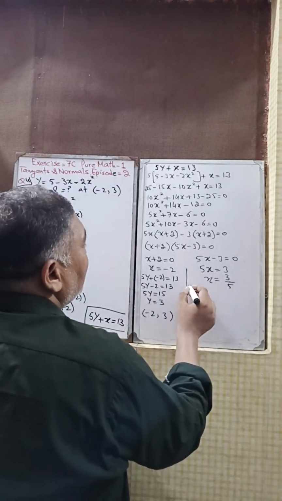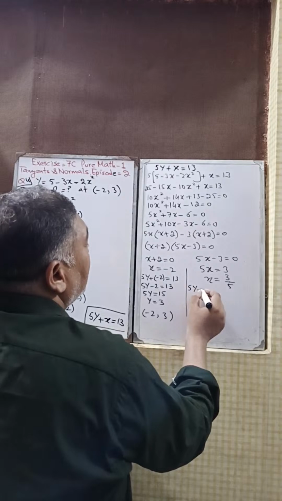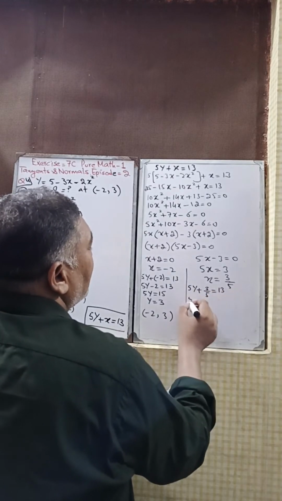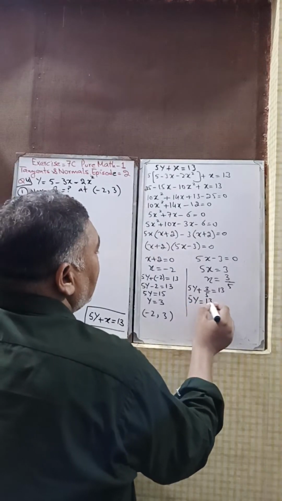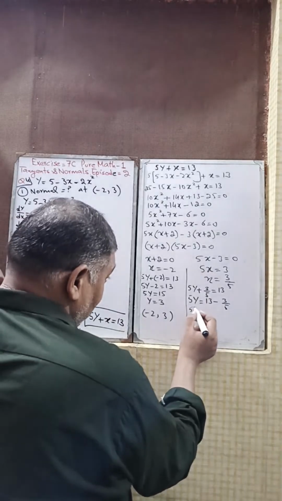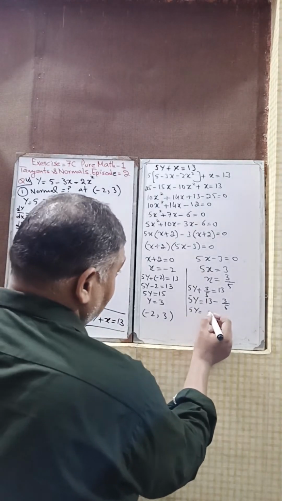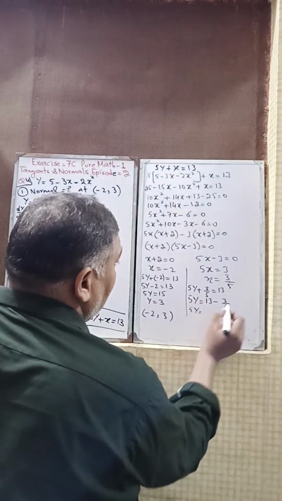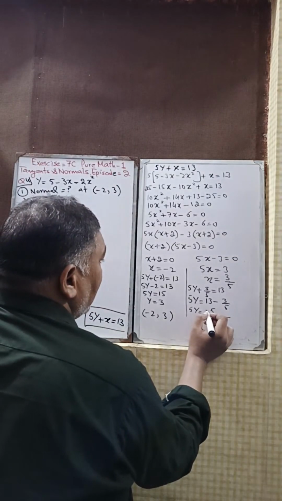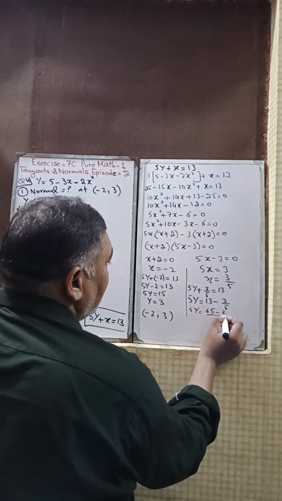Then I will put this value, so 5y plus 3 by 5 will be equals to 13. So 5y will be equals to 13 minus 3 by 5. So I will take the LCM 5 for the 15. So 5 times 13 is 65, 5 ones are 5, 65 minus 3.